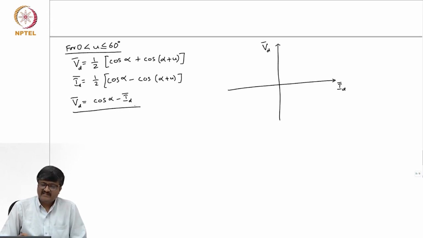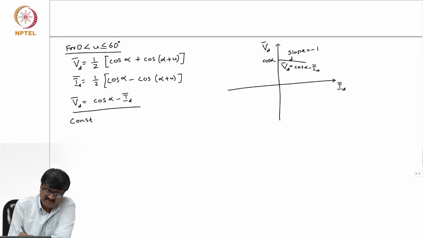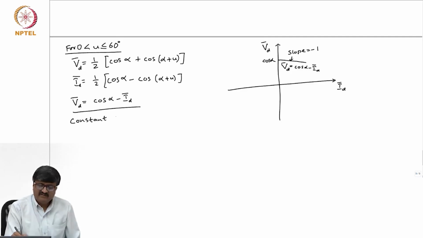The straight line intersects the VD bar axis at cos alpha, and the slope of the straight line is -1. So if I keep alpha constant, what I get is constant alpha operation.